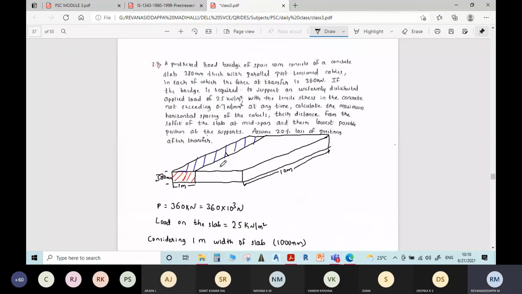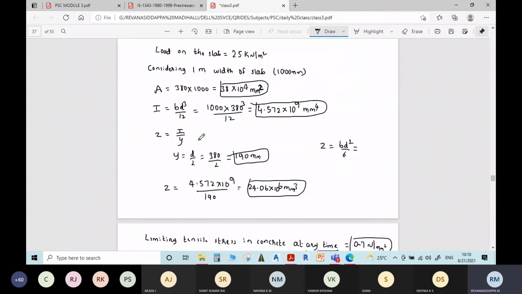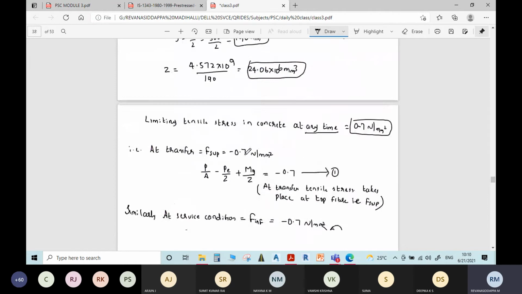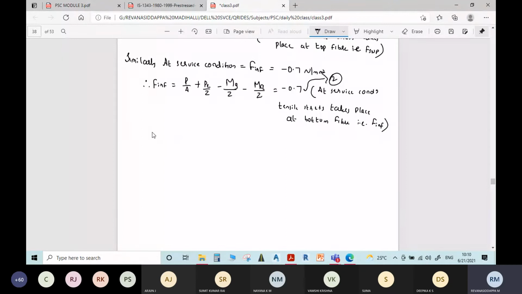Now in the problem he also said to consider 20% loss in the pre-stress after transfer, meaning at service condition we should take a loss of pre-stress of 20%. So considering 20% loss of pre-stress, the remaining will be 80%.